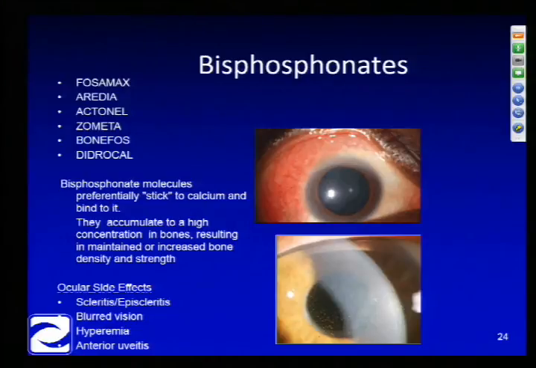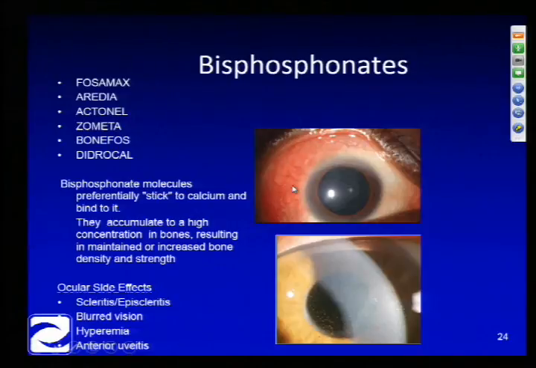Bisphosphonates such as Fosamax, Actonel, Zometa are used for treating osteoporosis, as you all know. They bind to calcium and help it to accumulate in the bones. It's important to know that a small percentage of these patients will develop significant ocular irritation because of them, including scleritis, which is a fairly severe inflammation and thickening and swelling of the sclera, as you see here.